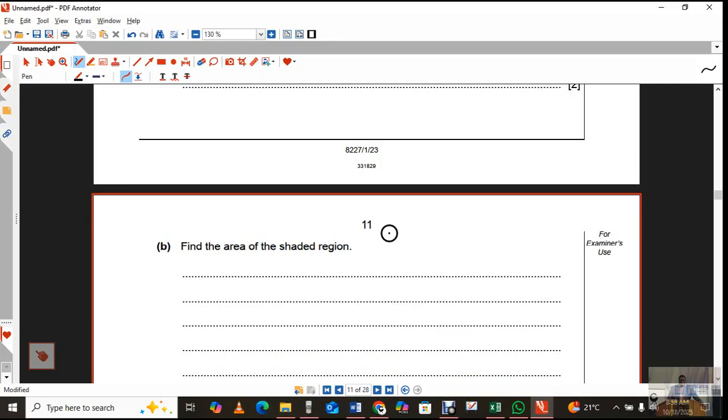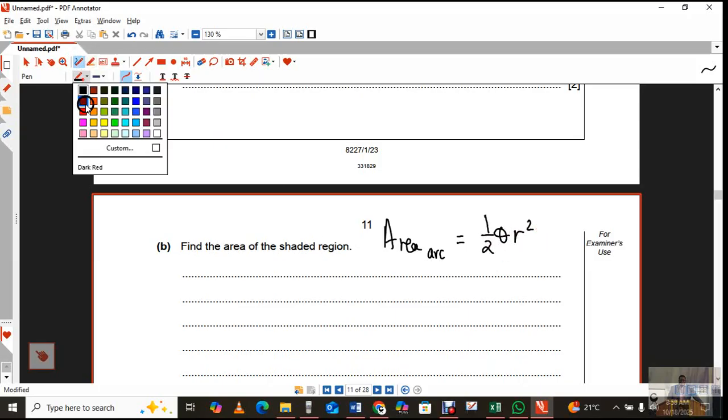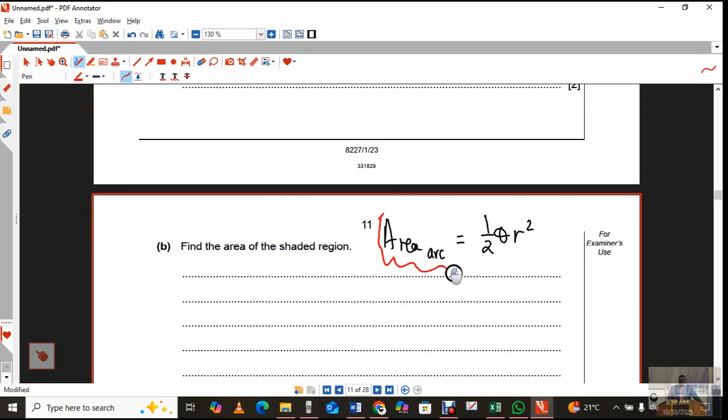What is the area of an arc? We know that the area of an arc is a half the angle times r squared. This is in fact given in your formula sheet, but you should definitely know this as well.